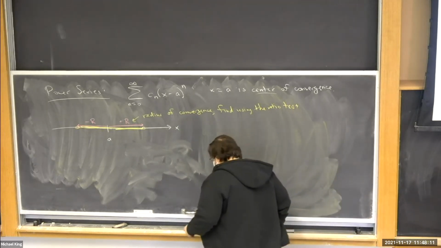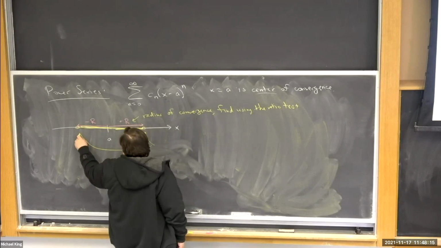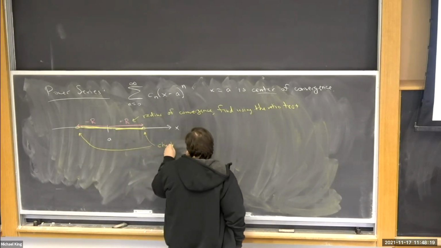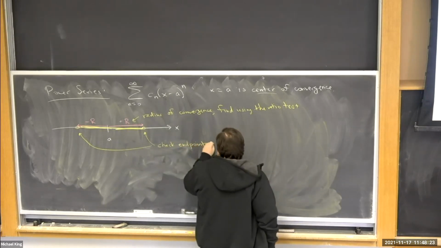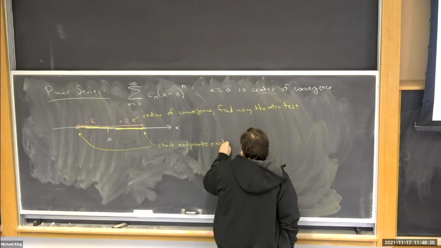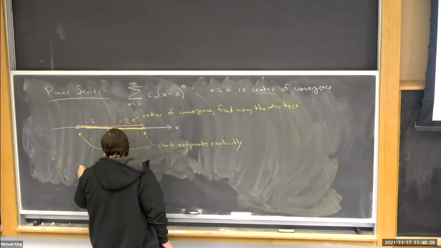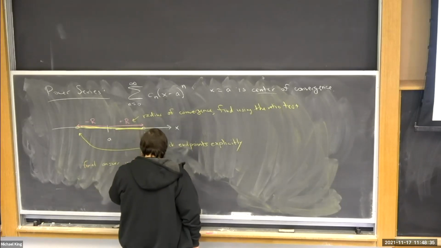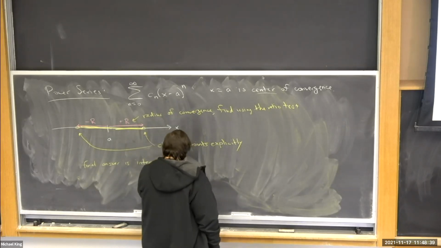And then we check the endpoints explicitly, because the ratio test doesn't tell us what happens at those endpoints. And then the final answer is the interval of convergence, because you want to know exactly where this converges.